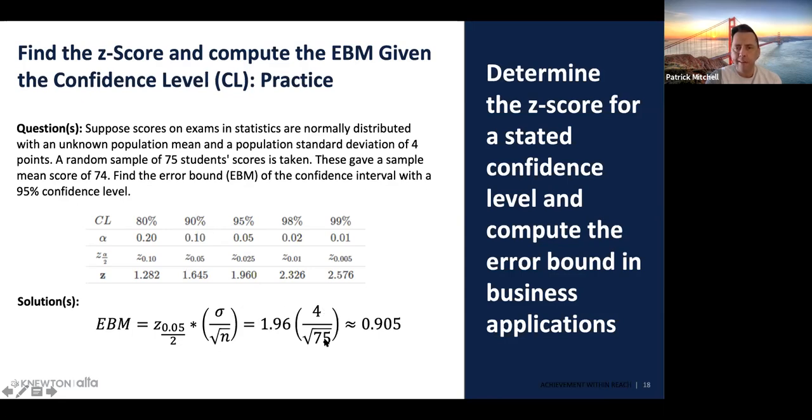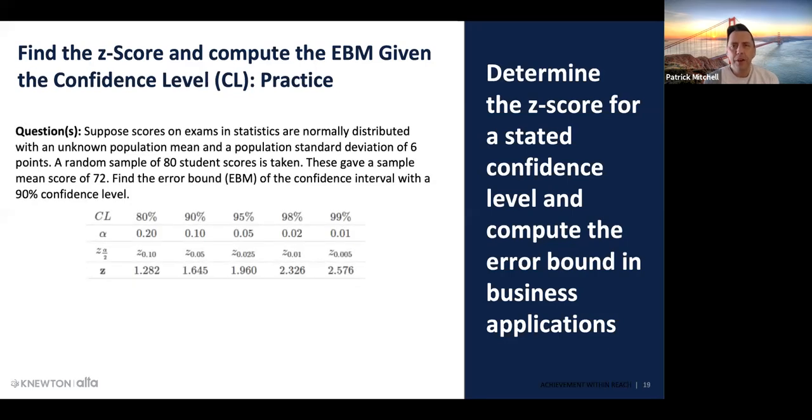The sample size is 75, so we're going to do 1.96 times 4 over the square root of 75, which gives me an error bound of approximately 0.905. Notice that since they only asked for the error bound and they didn't ask for the confidence interval, I'm not using the sample mean. I will use it when they ask for a confidence interval.